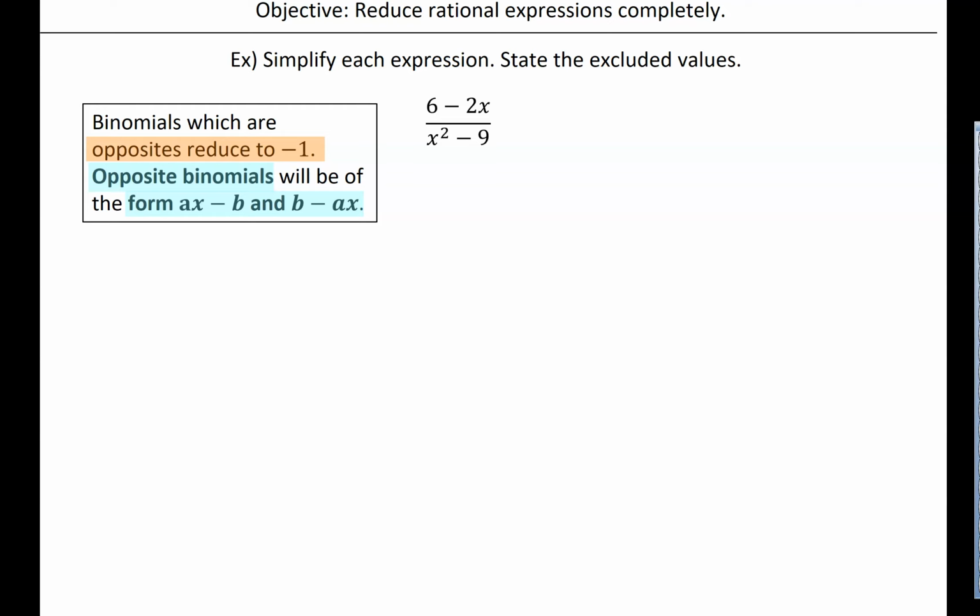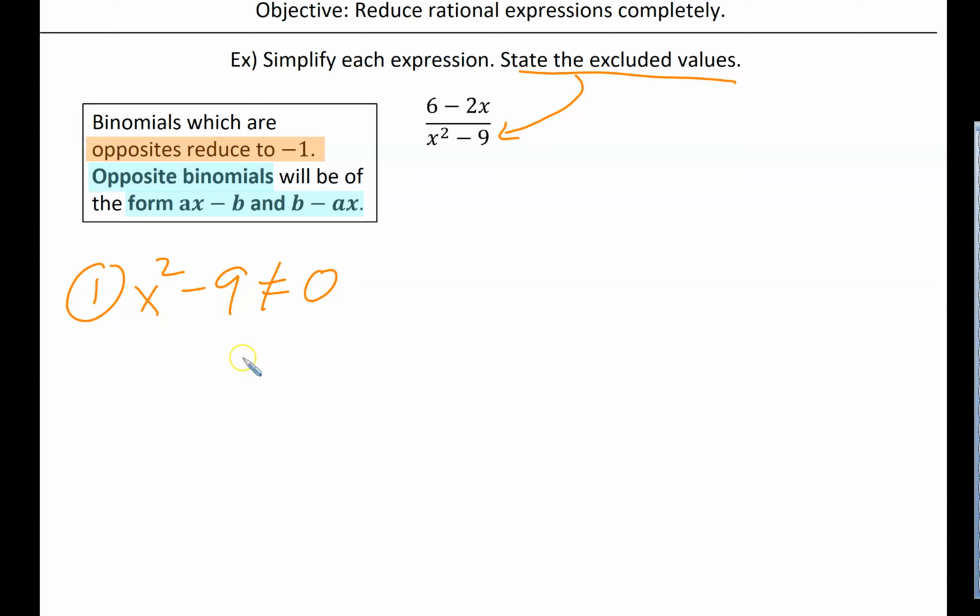So here I'm looking at, again, doing my excluded value. So I'm going to do that first. So again, that's where my denominator would be equal to 0. Those are my can't be equal to those x values. So x squared minus 9 is a difference of two squares.